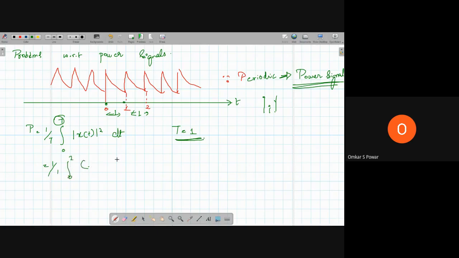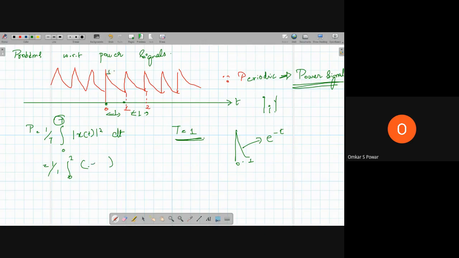So what is the value of this x of t? Observe, from 0 to 1, how does it look? e power minus a t. It looks like a decreasing exponential with a equal to 1.